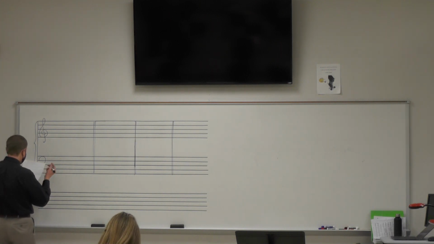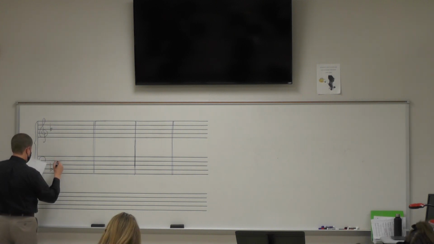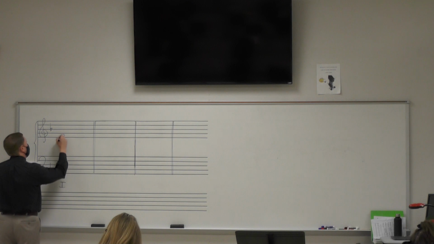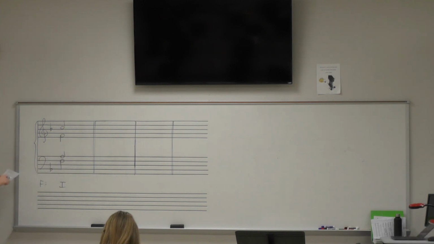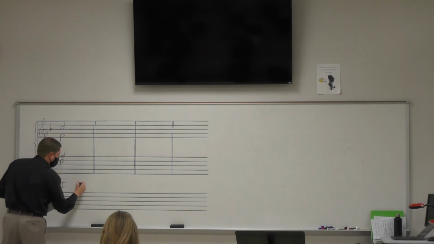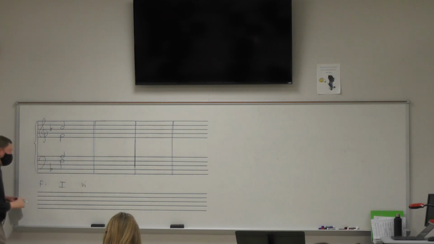So for instance, I am going to go in F major. If I start with this I chord voiced as follows, F, A, F, C, and I want to take it to a vi chord in F major, who can tell me the root of a vi chord in F major?